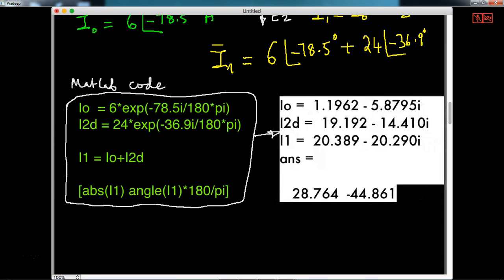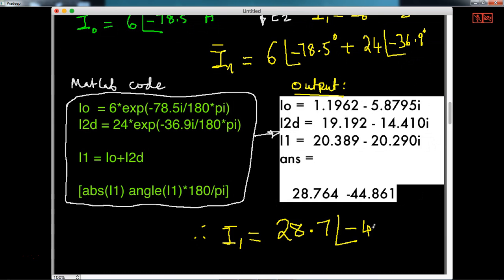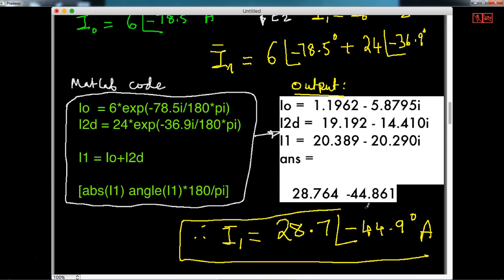Okay, so this is the output that I'm getting. Therefore, finally, I1 is nothing but 28.7 at an angle of minus 44.89 degrees. This is the final solution for our problem. The primary current I is 28.7 amperes. So this is the answer.